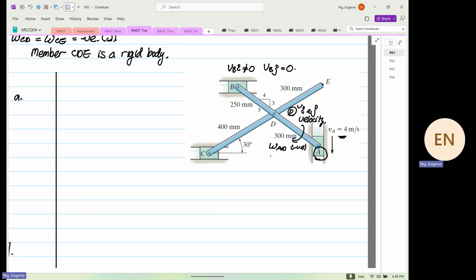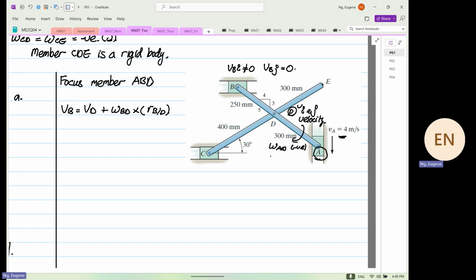Let's focus on members ABD. You can write two equations with ABD, right? We already did one already. So one to write is VB is equal to VD plus omega BD cross RB.